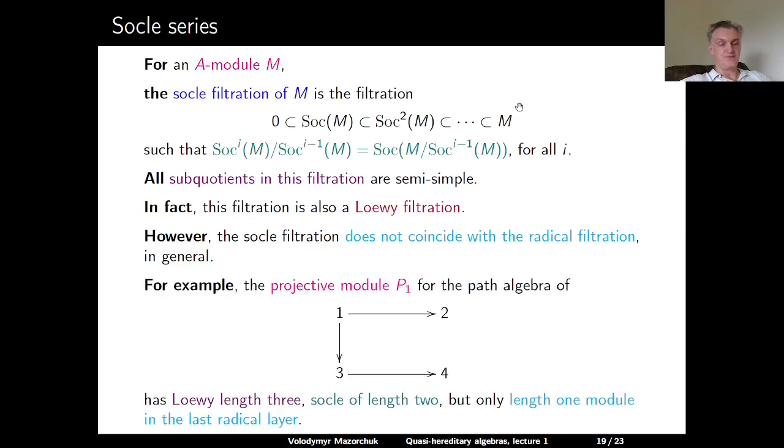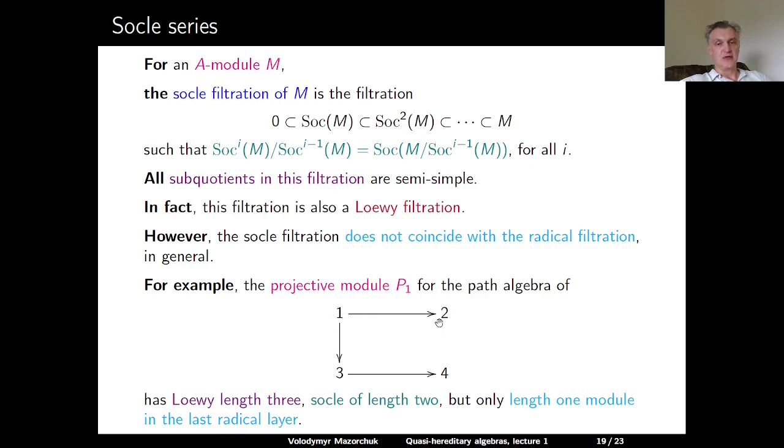Here is an example. Consider the following quiver. So we have vertices 1, 2, 3, and 4, an arrow from 1 to 2, an arrow from 1 to 3, and an arrow from 3 to 4. And take the projective module at the vertex 1. So we start from 1 and consider all paths.